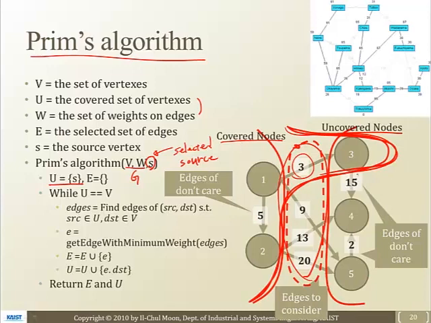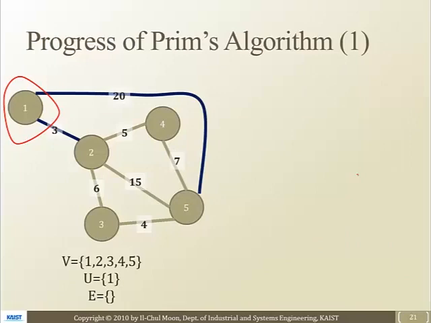To understand this algorithm, it is better to look at the progress, how things are solved one by one. By looking at it, I think you learn better. So let's start this example. We selected node 1 as our logistics center, and we want to find the edges to link all the nodes in this graph.